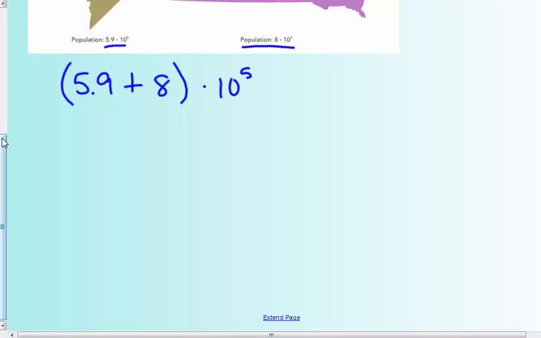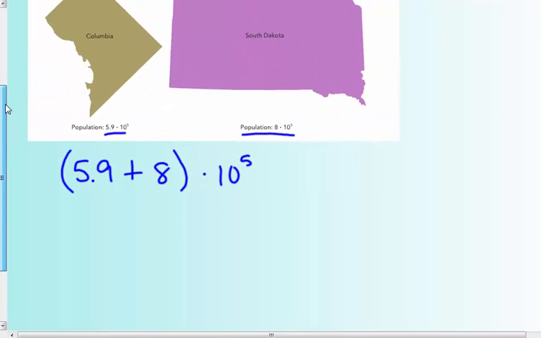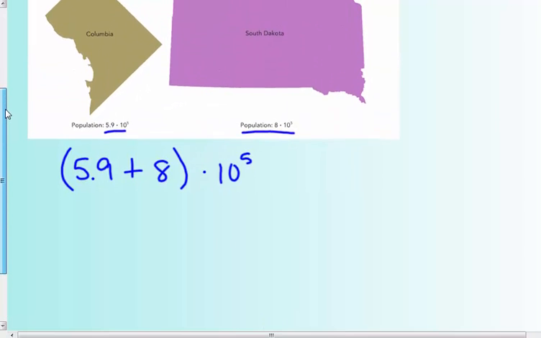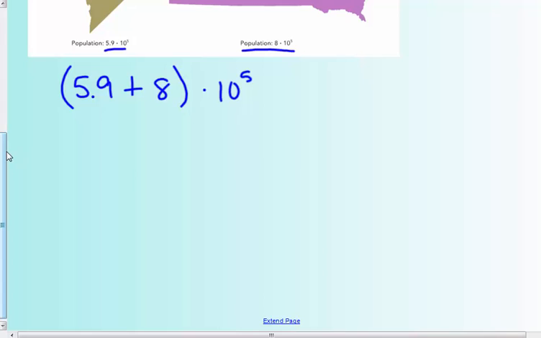Again, not very populous states. Oh, it's District of Columbia and South Dakota. Wow. So when I add those together, I get 13 and 9/10ths. Again, not a number in scientific notation, so we have some adjustment to do.